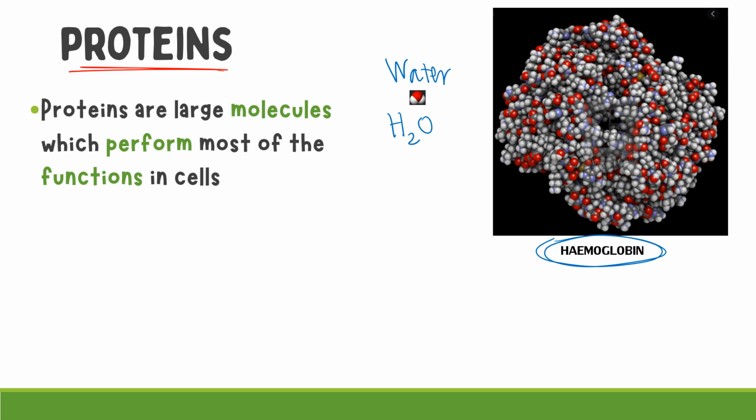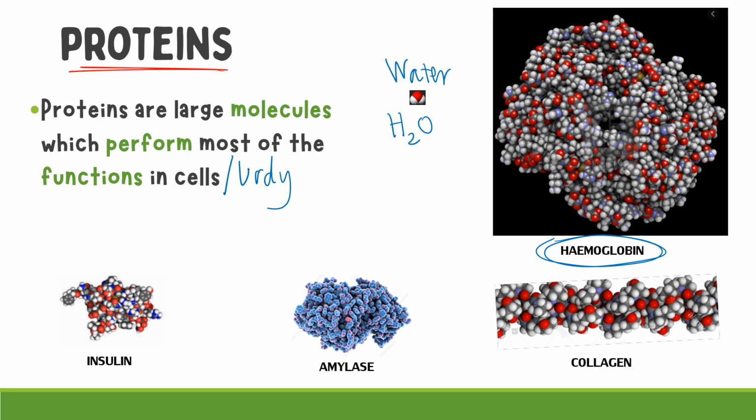And that's because a protein's job is basically to perform all of the functions in the cell and in our bodies. They carry things like hemoglobin. They build up our body structure like keratin in our hair. They communicate. They store chemicals and so on.